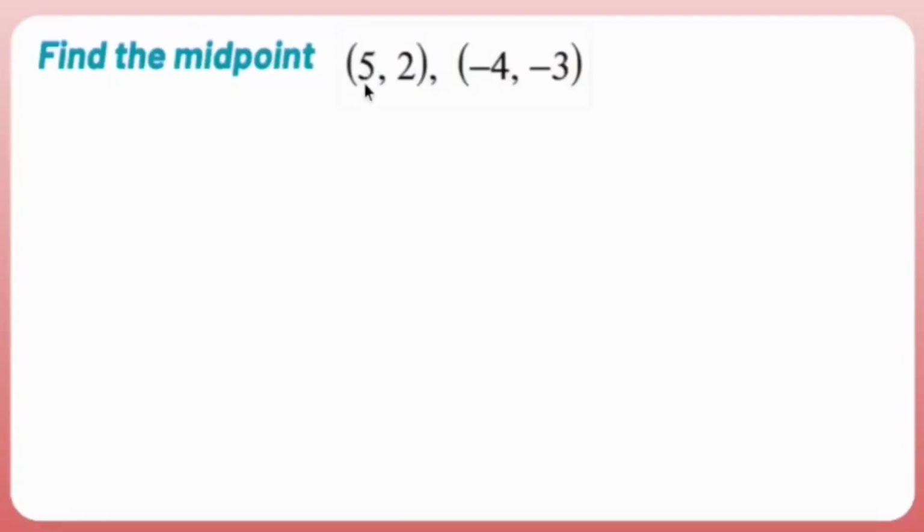Find the midpoint. No graph, and instead I have 2 points, 5, 2 and negative 4, negative 3. The midpoint formula says let's take one of these points, doesn't matter which one's which, and call it x1, y1. Let's call the other point x sub 2, y sub 2. The midpoint formula is this.